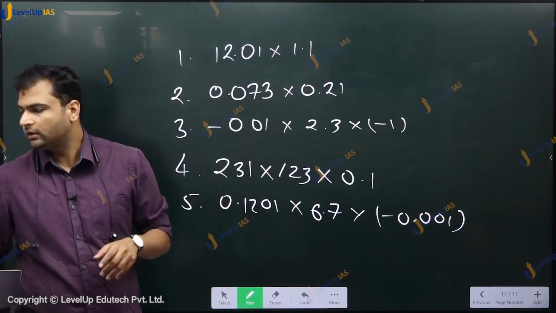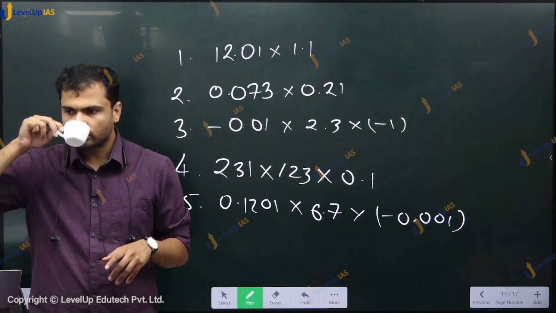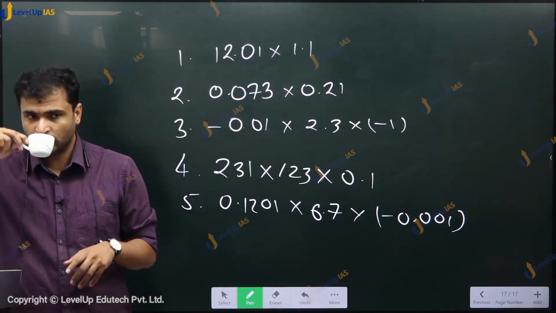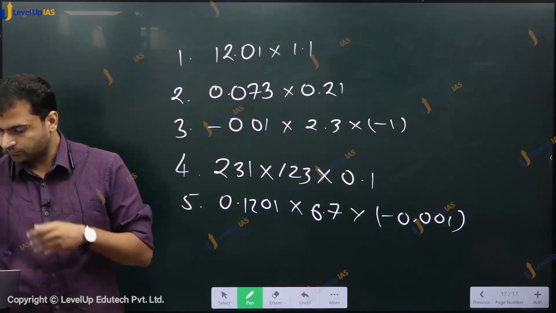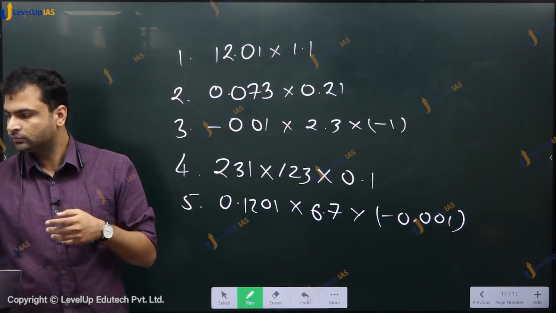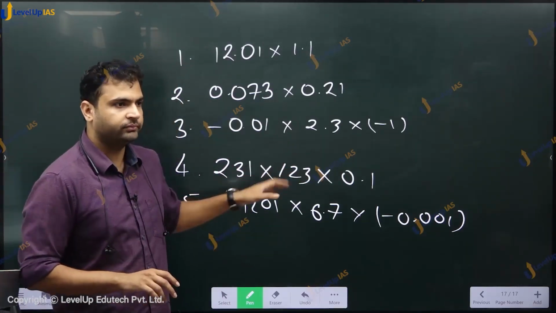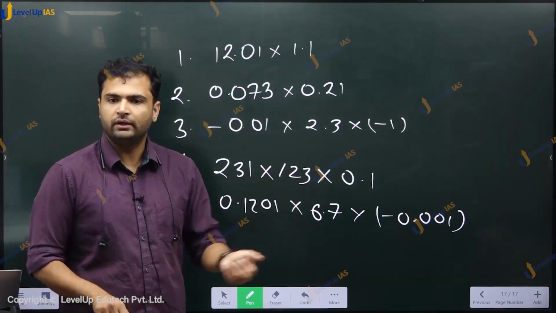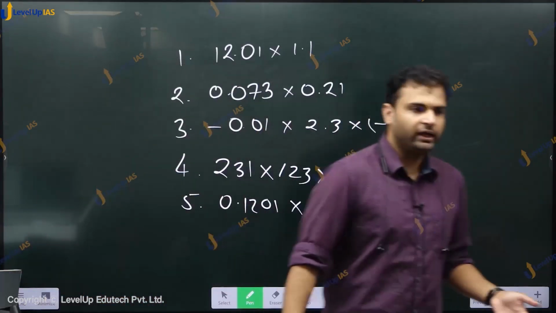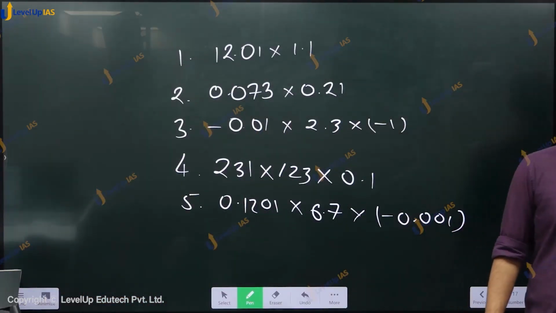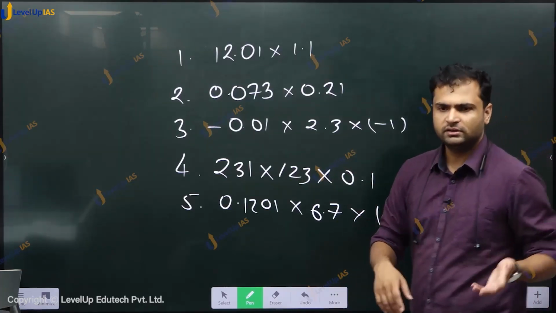Perform this multiplication and check the answers using a calculator. कर सकते हो ना, कर पाओगे? If you face any difficulty we will come back to it in the next class, but try it yourself. You have 3 days. एक दिन एडिशन के प्रॉब्लम सॉल्व कर लेना, एक दिन सब्ट्रैक्शन के, एक दिन मल्टीप्लिकेशन डिवीजन कर लेना, and the third day start doing the worksheet.